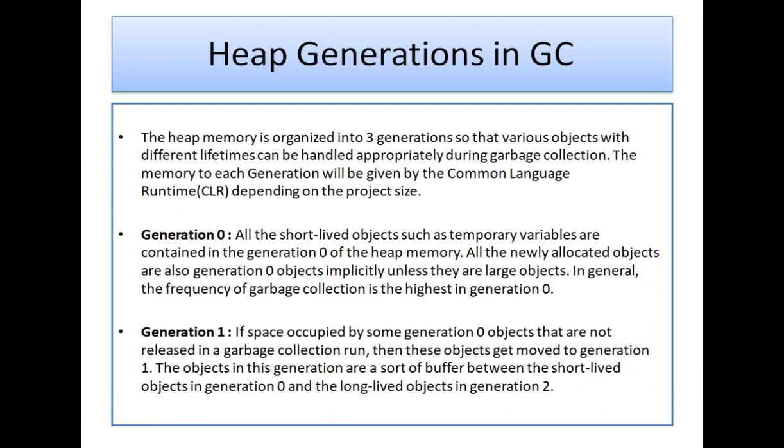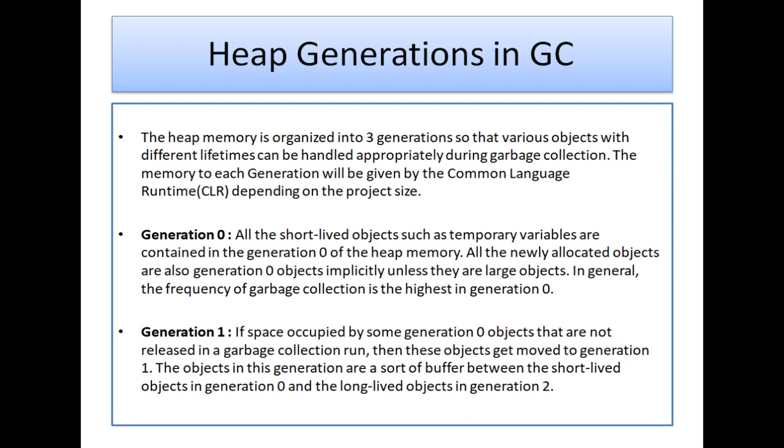Okay, when you want to run your program on any .NET framework, the first thing the CLR does is allocate a heap memory for your program. The CLR will then divide that particular heap memory into three generations.